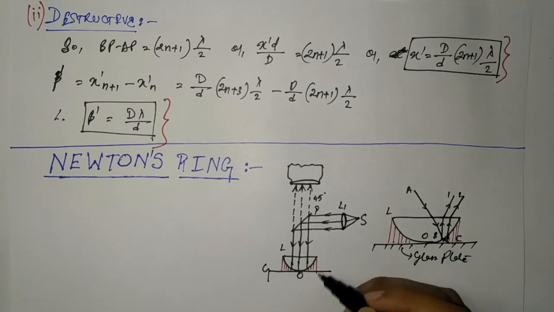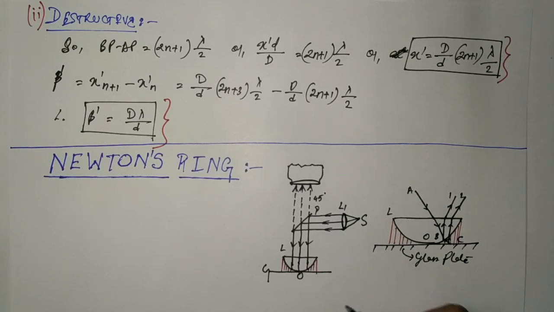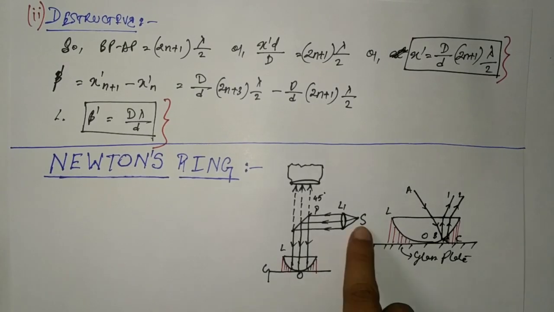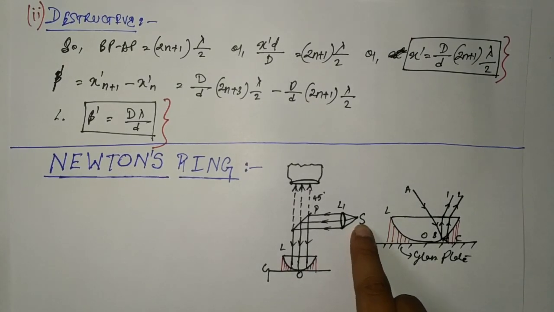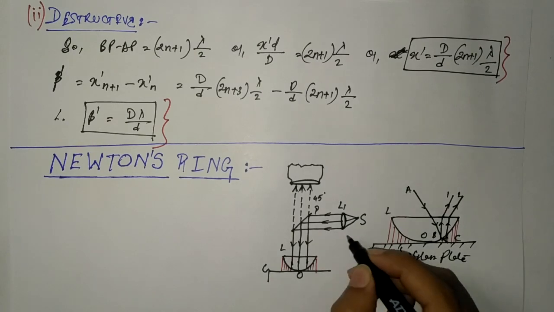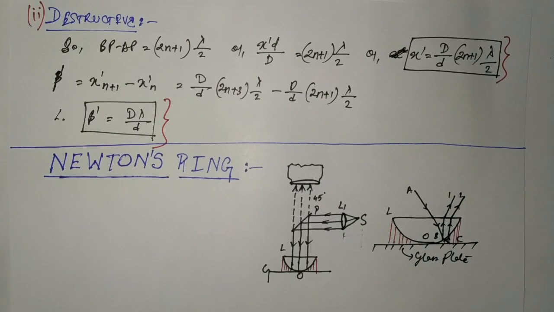So suppose the light from the monochromatic source S, that is from this source, is made parallel by placing it at the focus of the lens L1.